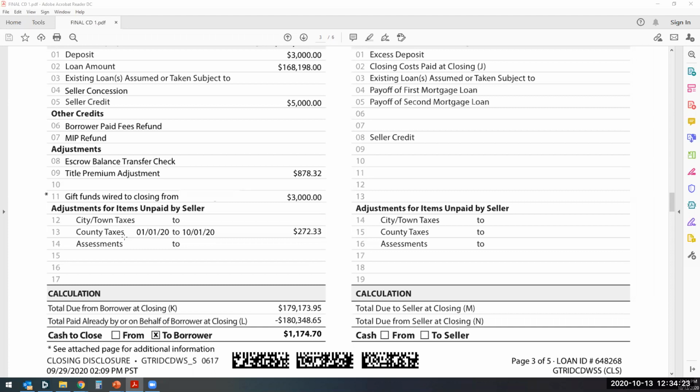We then have to take money out of that escrow account, or the reserves we have, to be able to pay the tax or the insurance bill. So yes, we always have to collect those escrows up front.